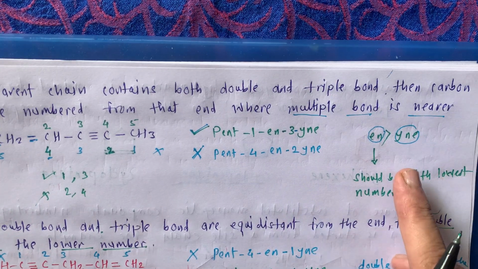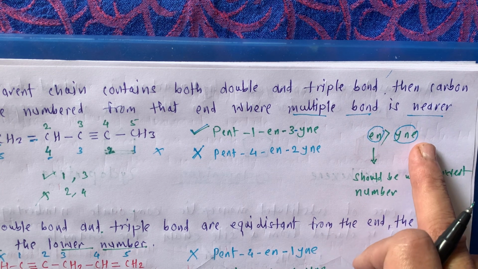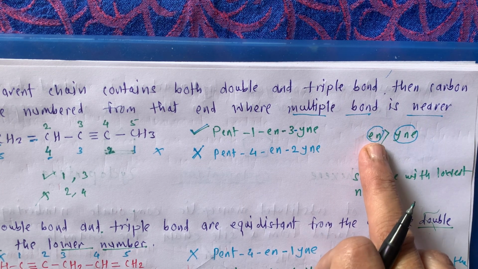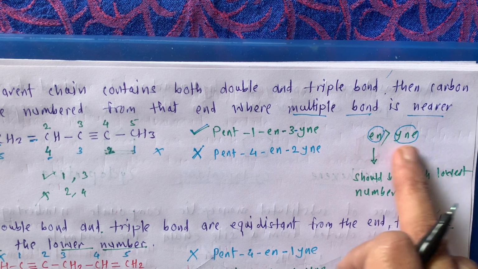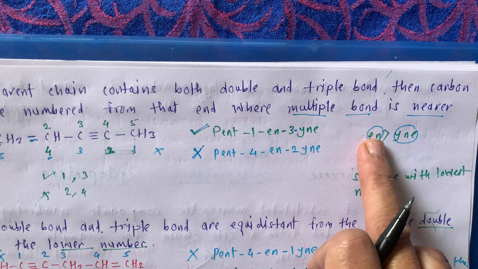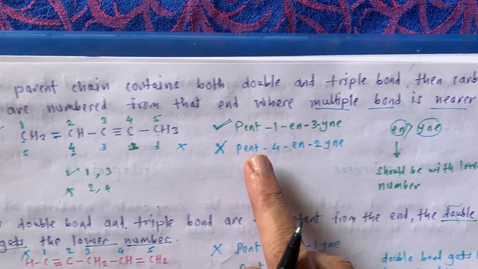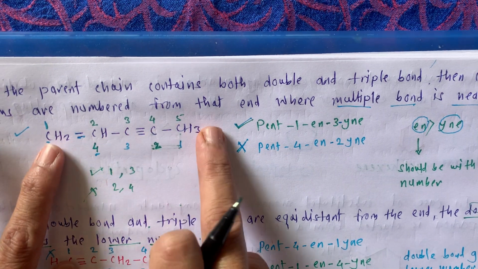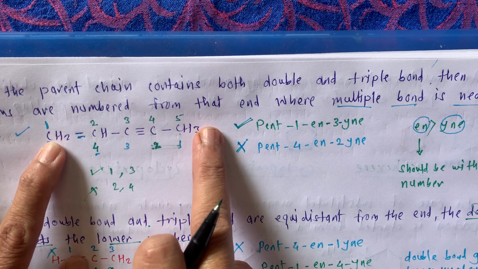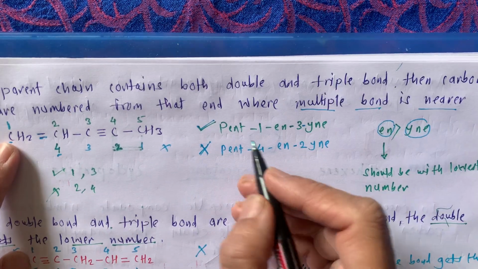And one more rule is that En has more priority than Yne. So when we write the IUPAC name, you should write En first and then Yne. See here, this is our 1, 2, 3, 4, 5. So this is a derivative of pentane. But now there is a double bond and a triple bond, so we have to mention both.